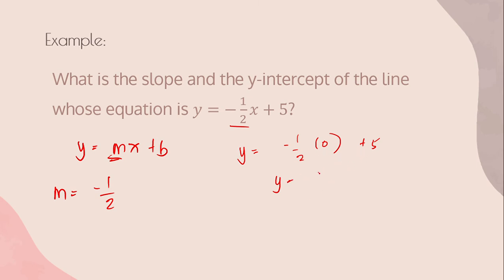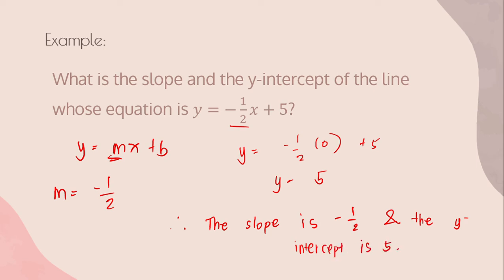So your y-intercept is 5. So again, the slope is negative 1/2, and the y-intercept is 5.